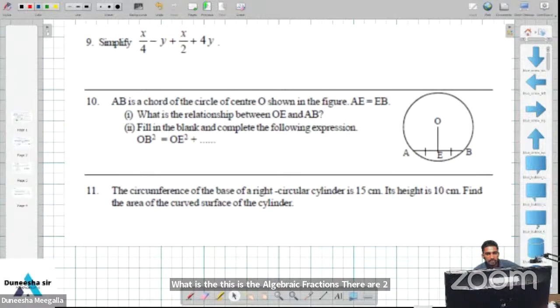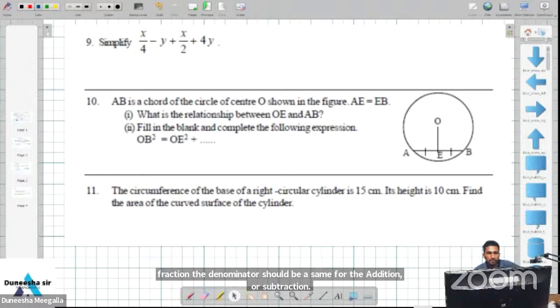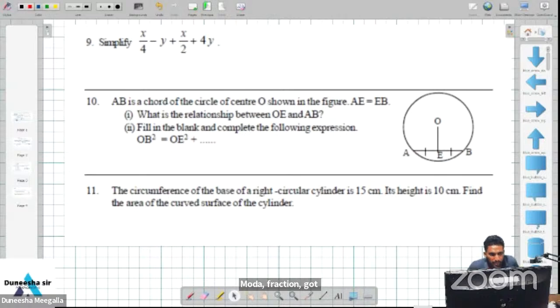For addition or subtraction, the denominator should be the same. It does not matter whether it is an algebraic fraction or not; we need the denominator to be the same if we are adding.